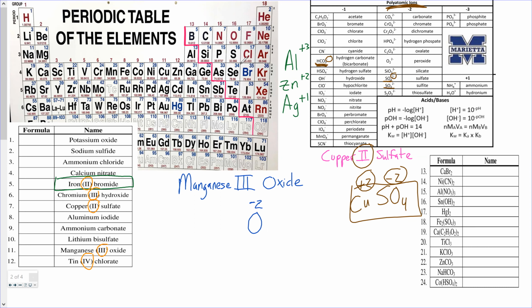All right, anybody found manganese, not to be confused with magnesium? It's not magnesium. And remember, if you see a Roman numeral, it's somewhere in the middle probably. Is it Mn? Yes, it is. Mn. Anybody know what the charge is? That means you need to know what this Roman numeral is. +3. Excellent, +3.